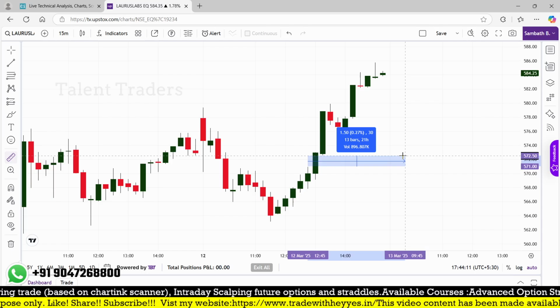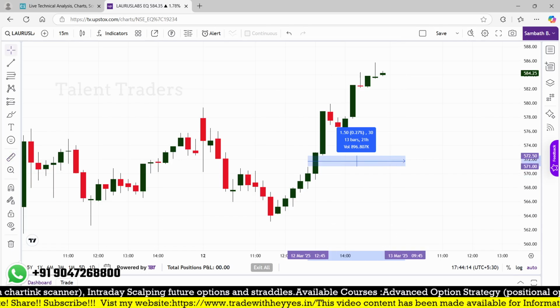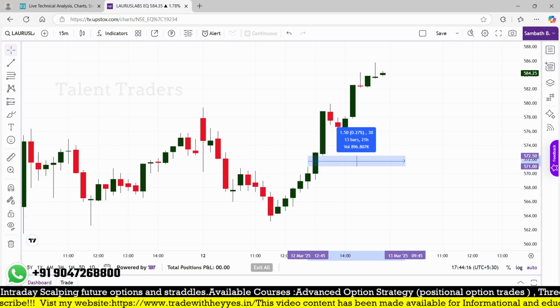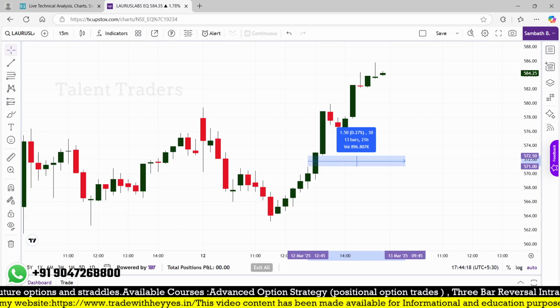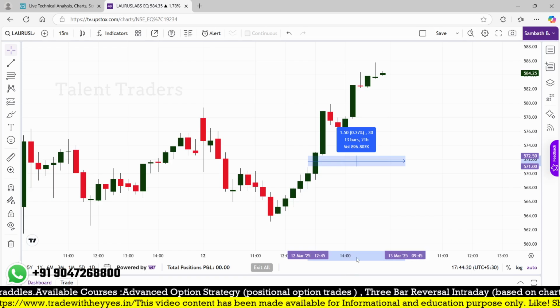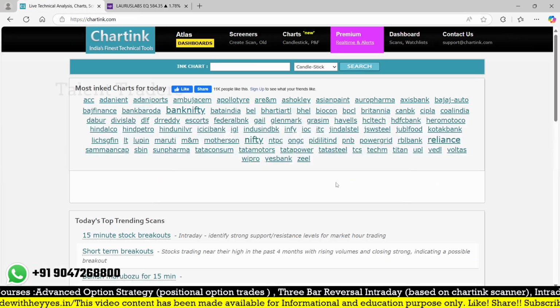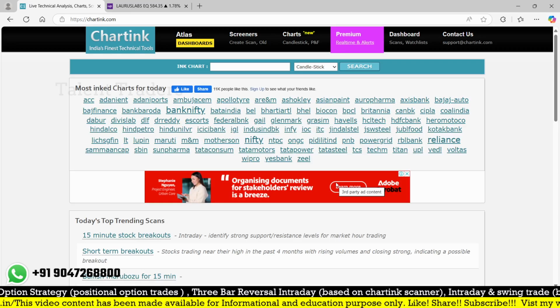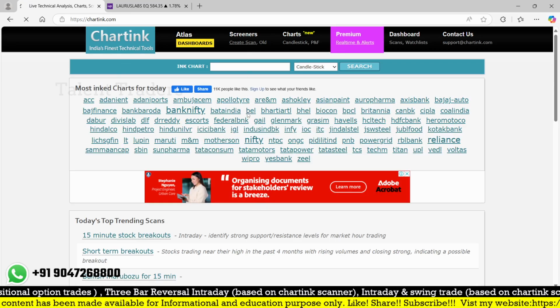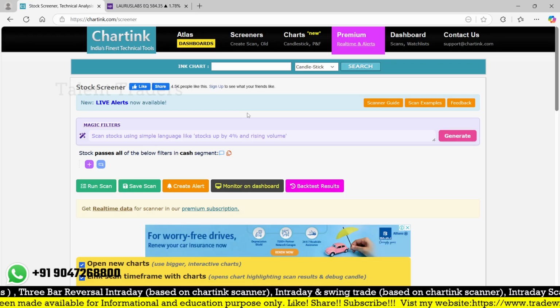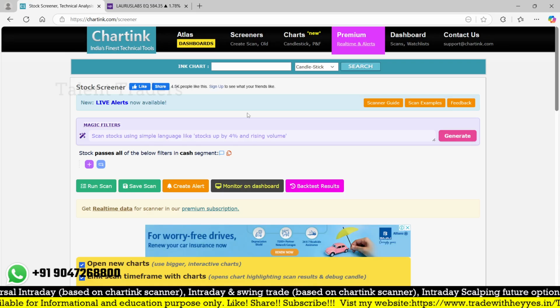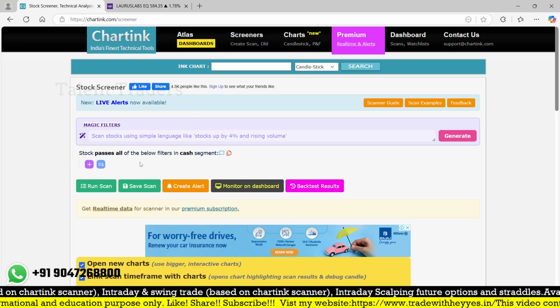This is the line you have to plan in order to find such a gap forming on a particular stock. So let me try to find this in charting on the 15 minutes time frame. For the same scanner, I'm going to create both the bullish side as well as the bearish side, and find all the stocks.